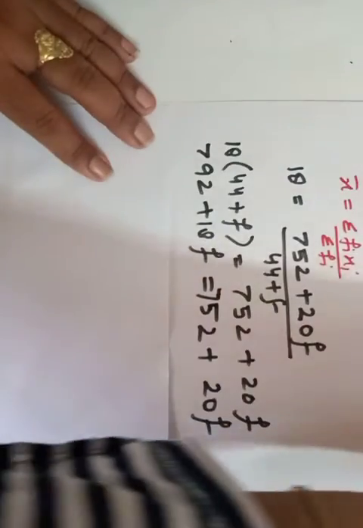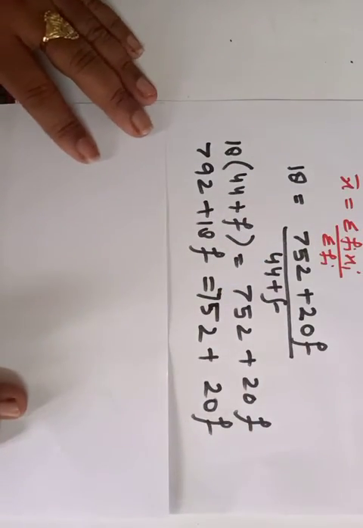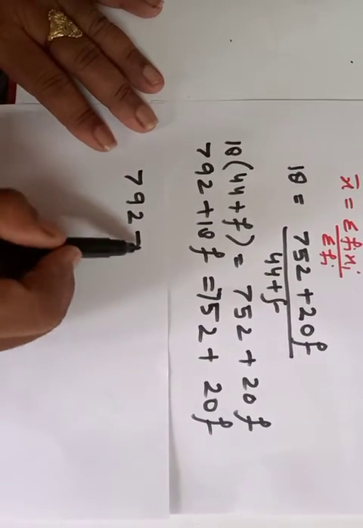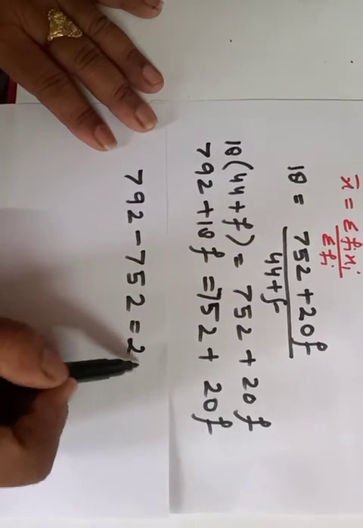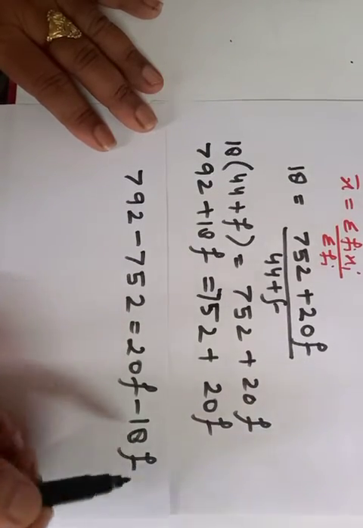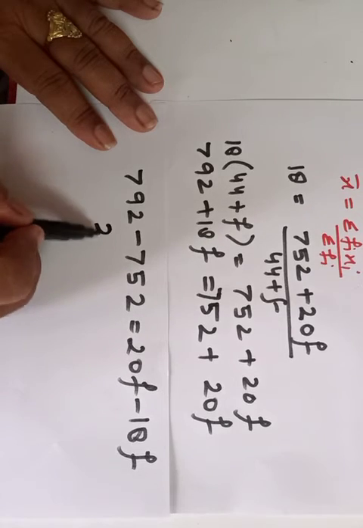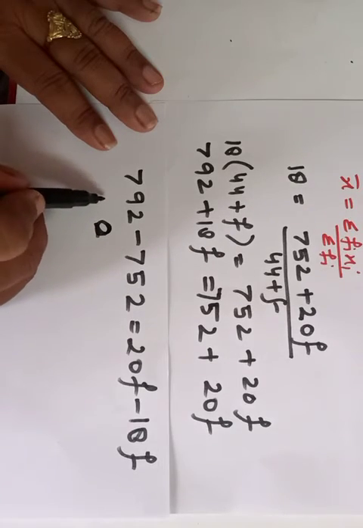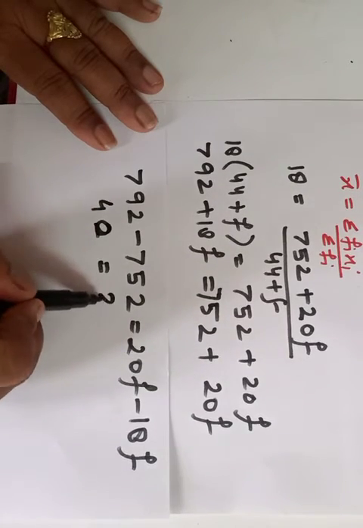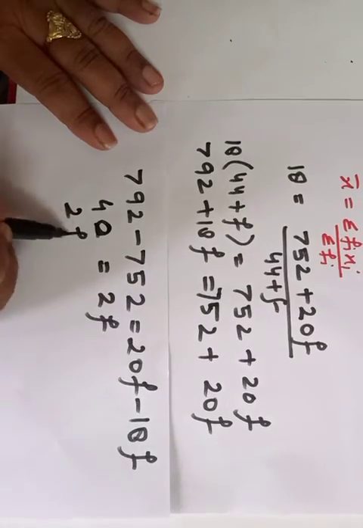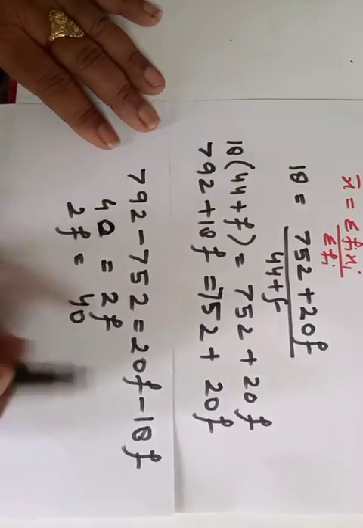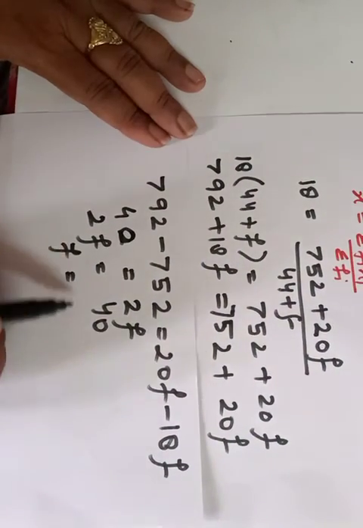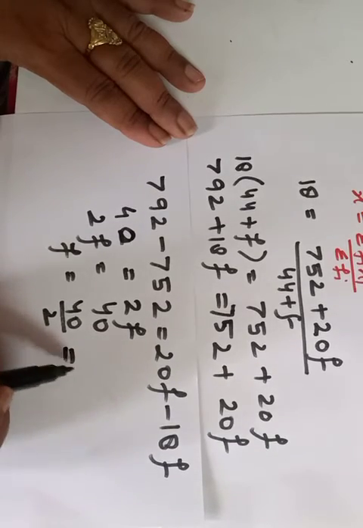Now we have to solve this. I am taking this 752 to the left hand side: 792 minus 752 is equal to 20f minus 18f. That will equal 40 is equal to 2f, or we can write 2f is equal to 40, and f is equal to 40 upon 2, that is equal to 2.